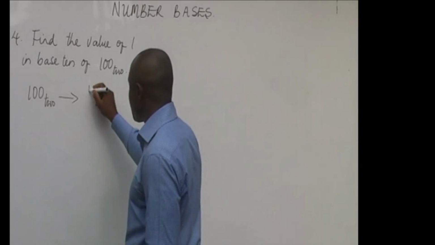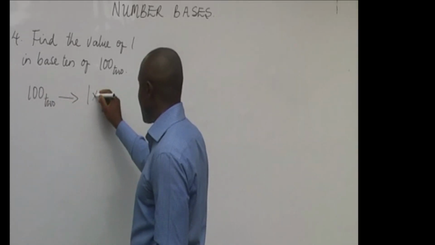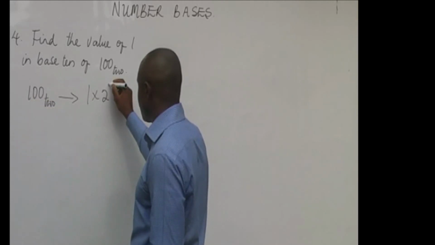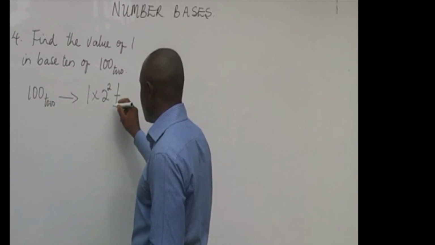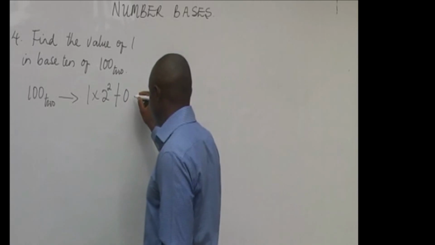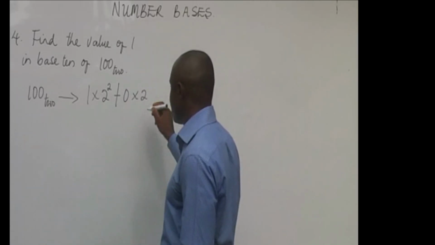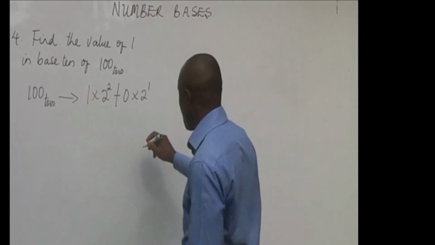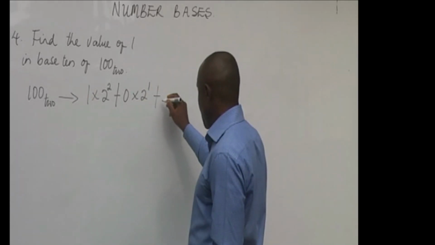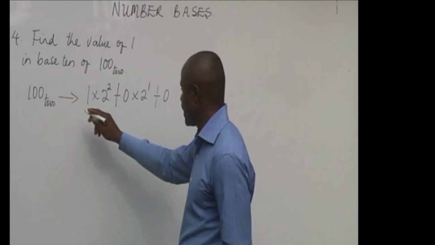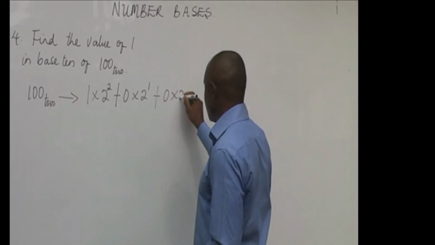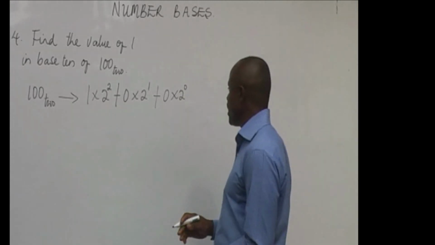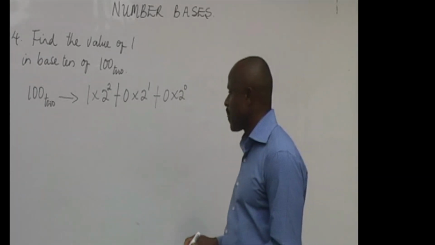You're going to have the first digit 1 times its base, exponent the remaining 2 digits, plus the next one is 0 times its base 2, exponent the remaining digit, which is 1, plus the next digit 0 times its base, exponent the remaining digits, but there's no digits left, so it's going to be 0.